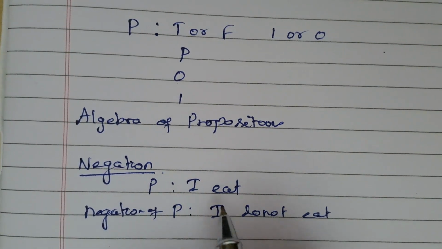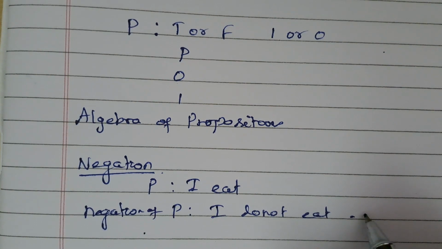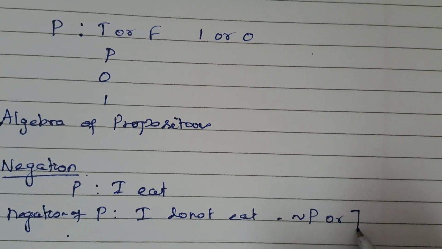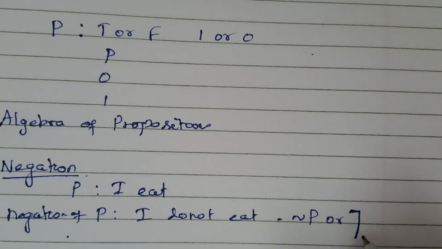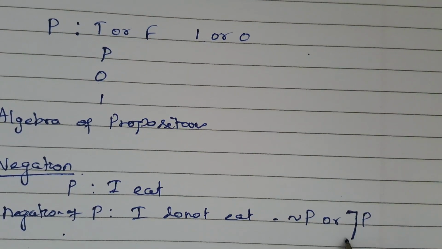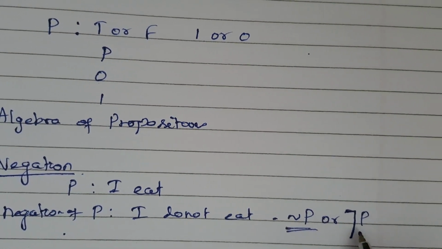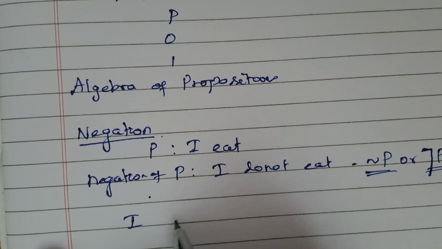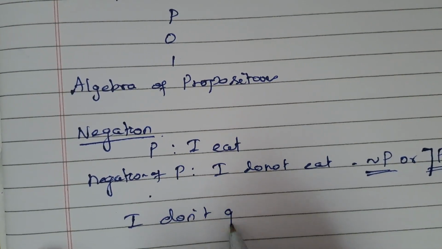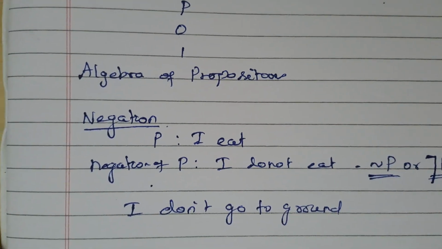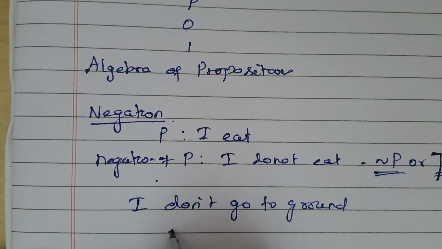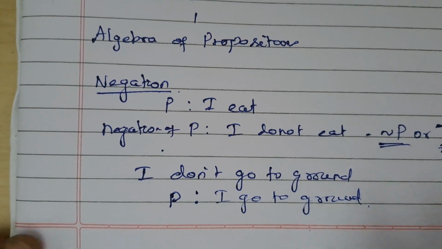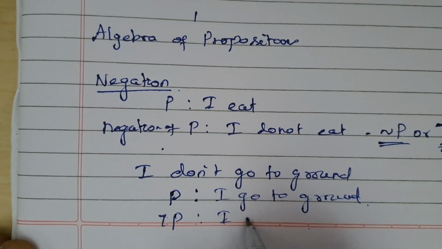The notation is, if p is "I eat", negation of p you can write as a tilde symbol followed by p, or this symbol like the number 7, but it is not a slanting line, it is a simple vertical line before p. There is a difference between 7 and this notation. Either you can use this symbol or that symbol. Suppose you want to write this as a notation: you fix p as "I go to ground", and negation of p as "I do not go to ground".